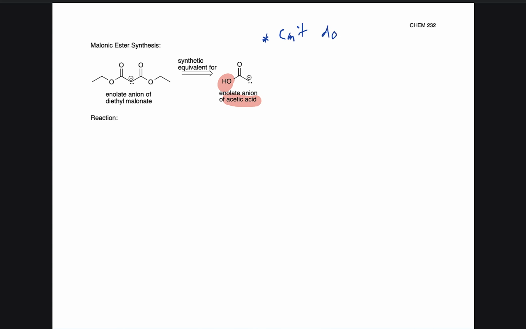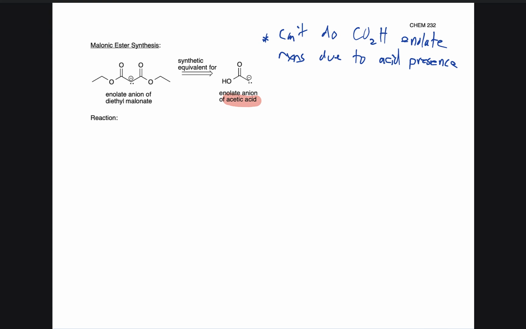We can't do carboxylic acid enolate chemistry due to acid presence, right? Because if we try to expose this to a base, we would just deprotonate our OH there, right? So that wouldn't work. So we can't do traditional enolate chemistry on carboxylic acids. So we have to resort to using this diethyl malonate.